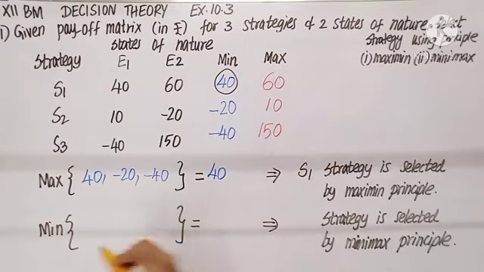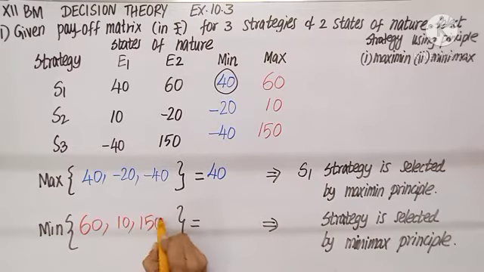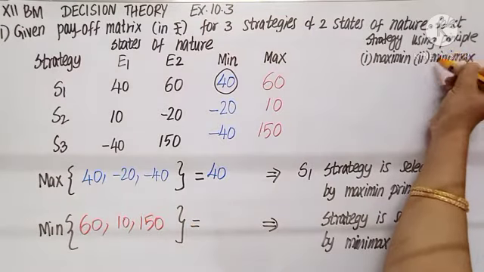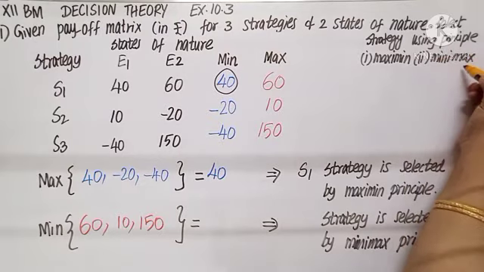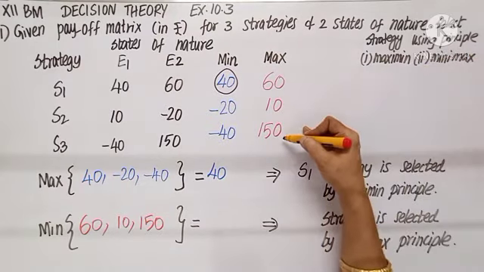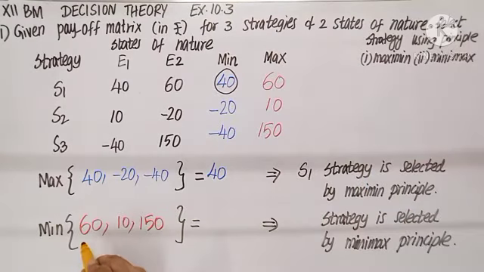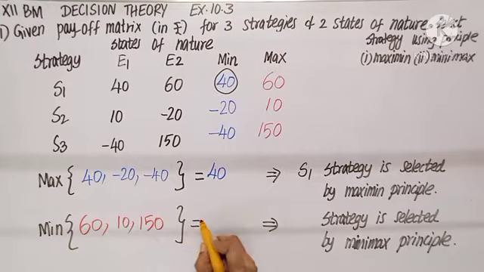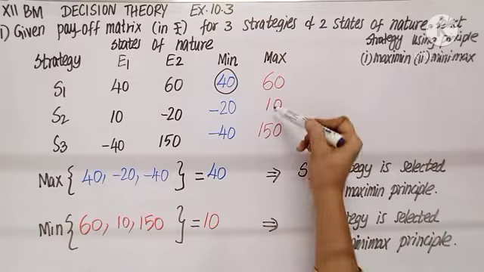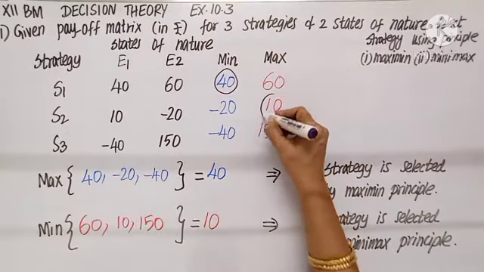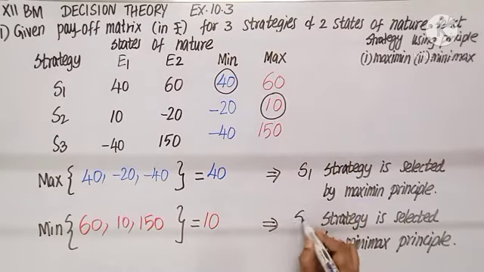Out of the 3, that is 60, 10, 150, I have to choose the minimum. So minimax tells me first the maximum, out of which choose the minimum. Minimum of 60, 10, 150 is 10. Where is 10 coming from? It is S2. That is, we select strategy 2. S2 is the strategy selected by the minimax principle.